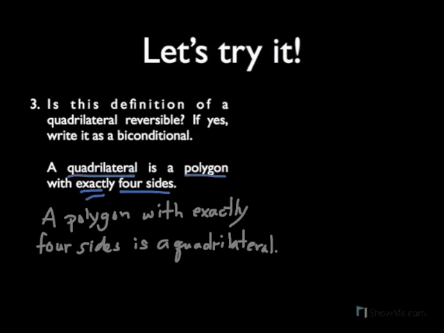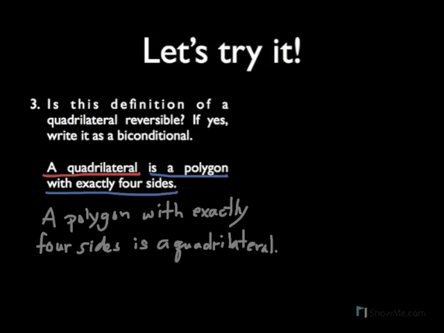So we can write it as a biconditional. In order to do that, we need to identify our hypothesis and conclusion. Our hypothesis is going to be the subject, a quadrilateral. And our conclusion is going to be, is a polygon with exactly 4 sides.